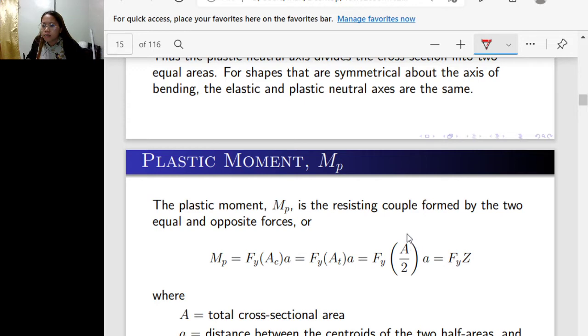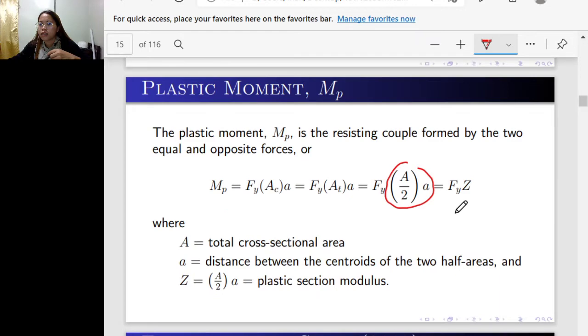This term, A over 2 times a, is equal to Z, so the plastic moment can also be written as the yield strength times the plastic section modulus Z. Z is equal to A over 2 times the distance between the centroids of the two half areas.